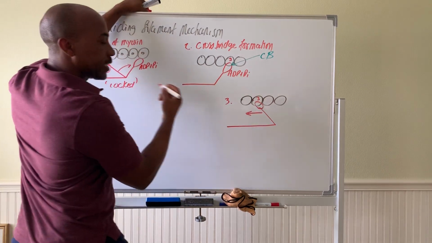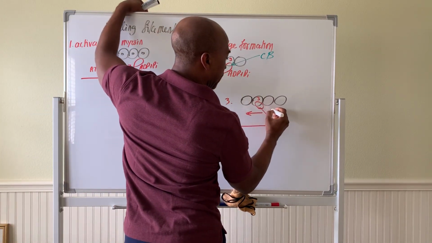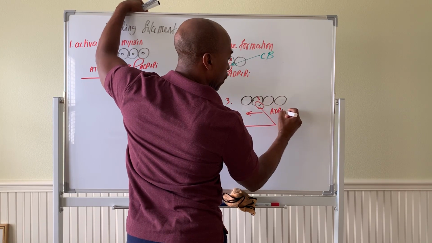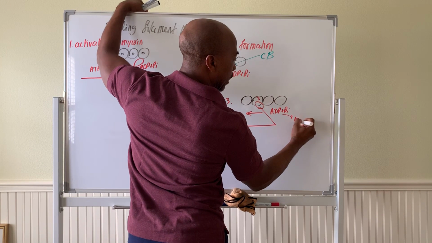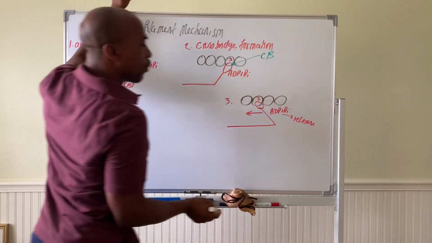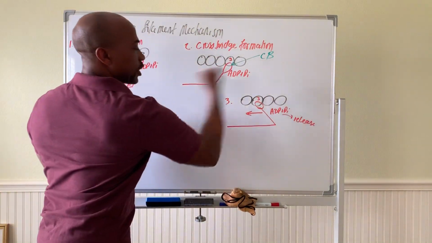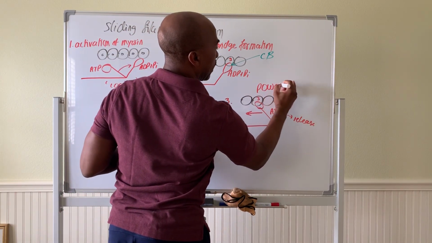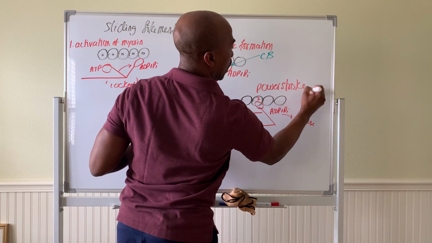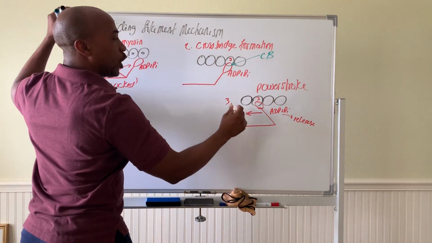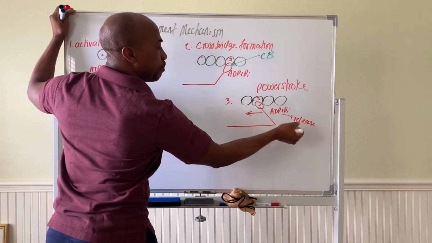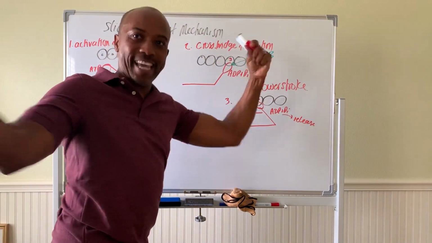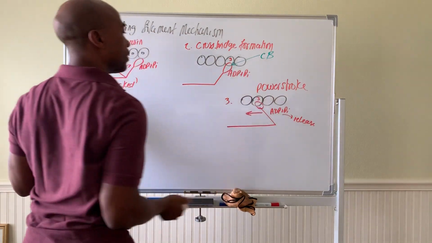Okay, tugging it, because at this point the ADP and Pi that were attached to the head of myosin, those two things are released. And when they're released, the head will tug this way, called power stroke. So step 3 is called the power stroke, where myosin will drop off the ADP and Pi and then move this way to tug it towards the center. So it does this, like pull it in this way from both sides, okay?